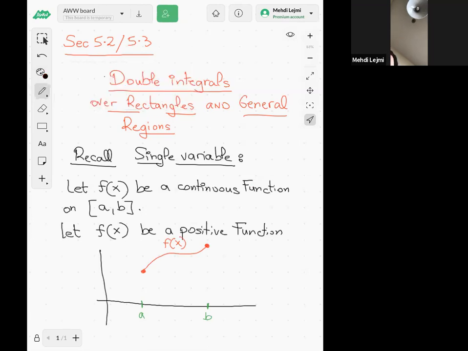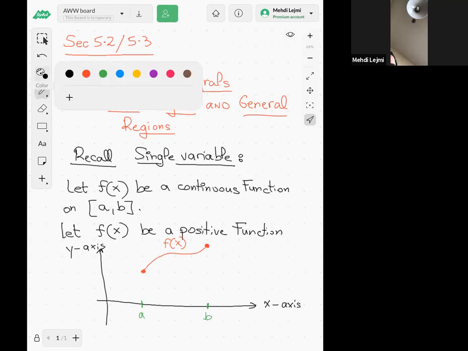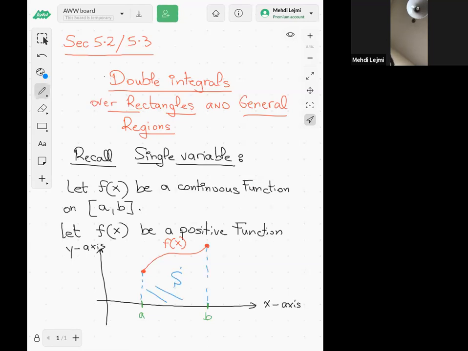And now let's say you want to compute the area bounded by the function f and the x-axis. Here's your x-axis, this is your y-axis, of course. And so we have this region, this blue region S.